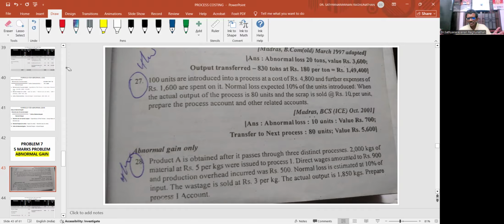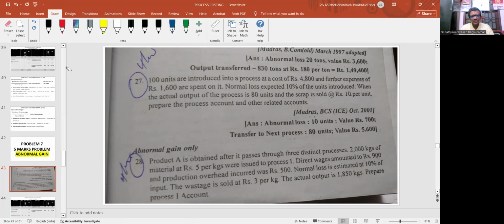If there are two or more process accounts, then in the credit side of process one account you make an entry as by process two account, and in process two, by process three account. Not more than this.